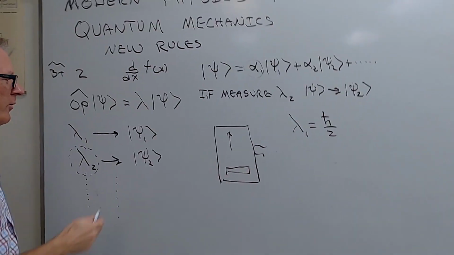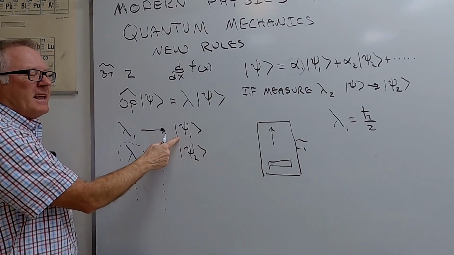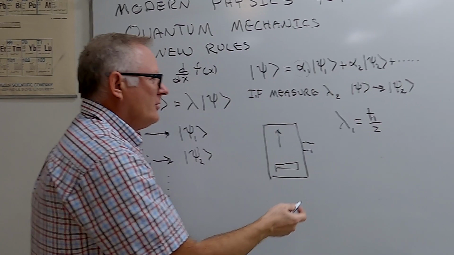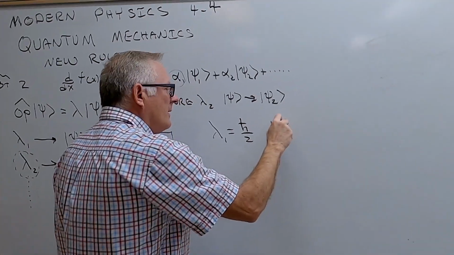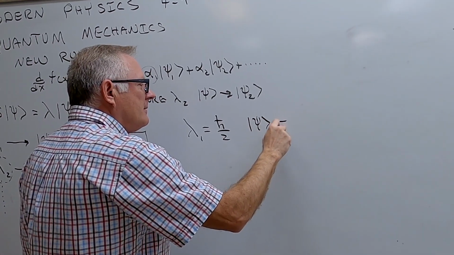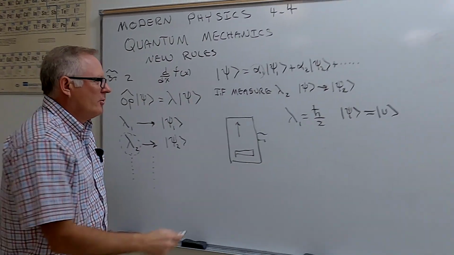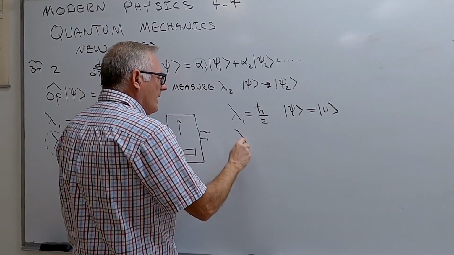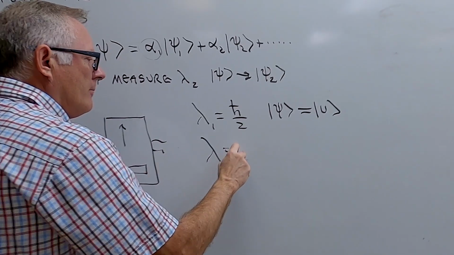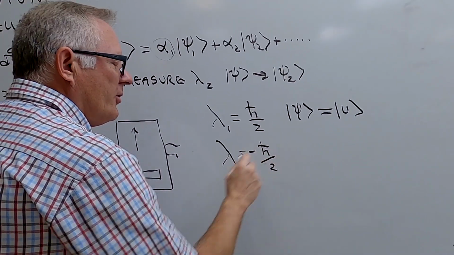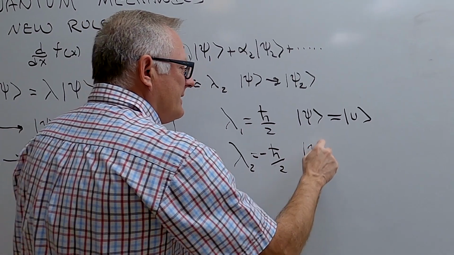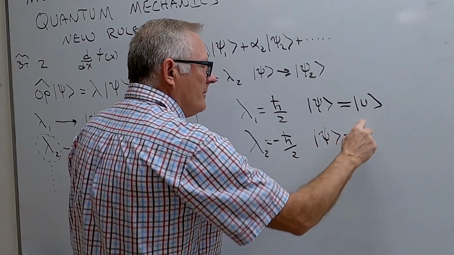And we know when we measured a 1 what the state was. That was the up. So psi collapsed to just the up. And we knew if we measured minus 1, which is minus h bar over 2, the state collapsed to down.